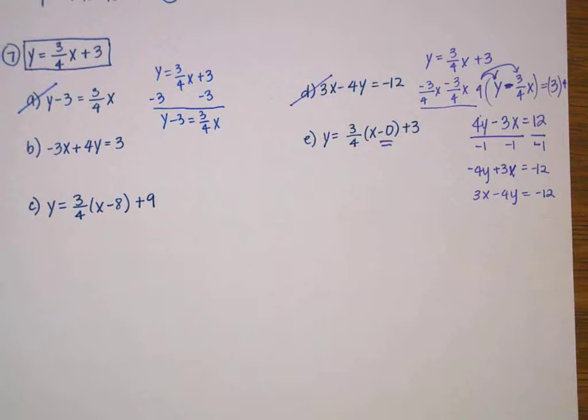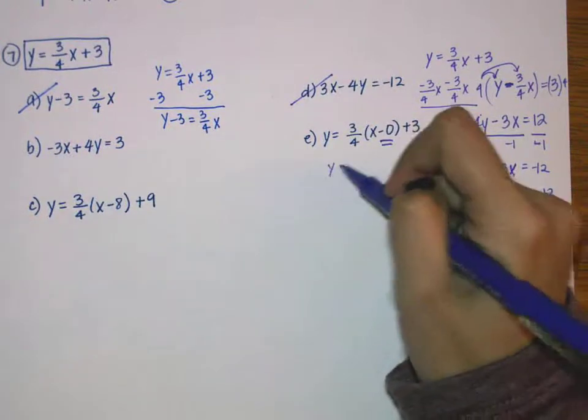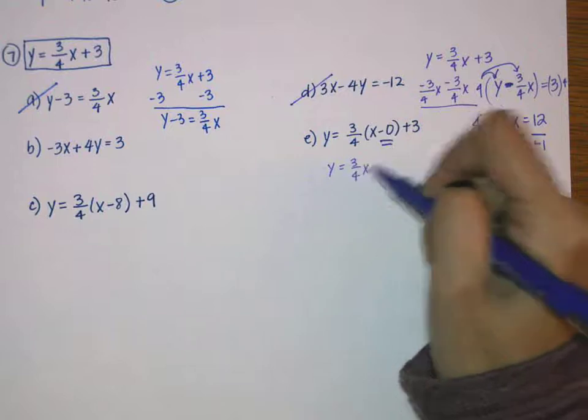X minus 0 is still x, so we're left with y is equal to 3 over 4x plus 3. They're the same equation, they graph the same line. That's not what we're looking for, so we can cross that out.